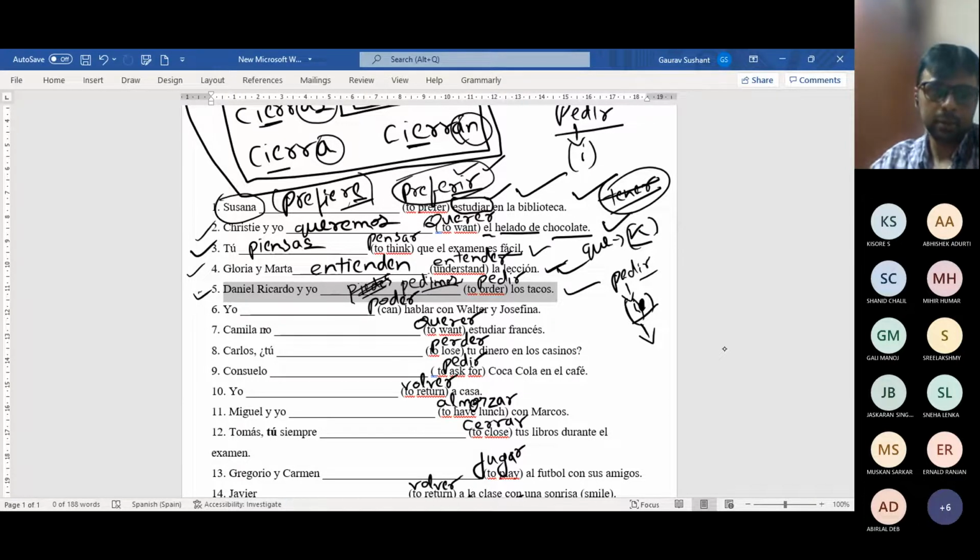Anyway, let us come to number 6. I wanted to ask something. Whenever there is an IR ending word and it is under the boot thing, we have to change e to i, right? No, not always. I told you that that is something you have to remember, because an IR ending verb could change e to i, and it could also change e to ie.